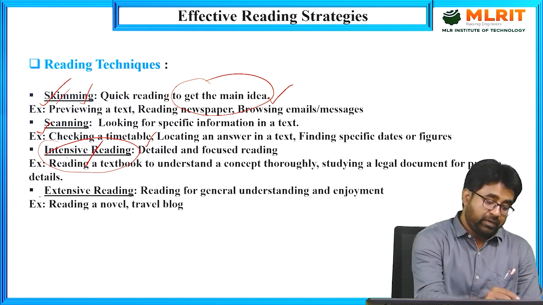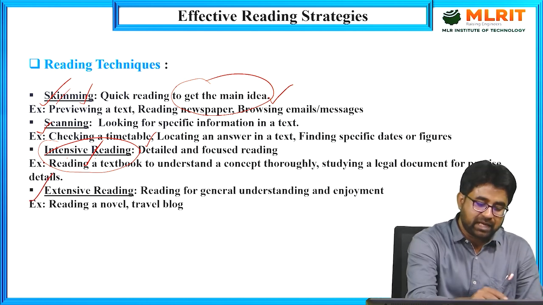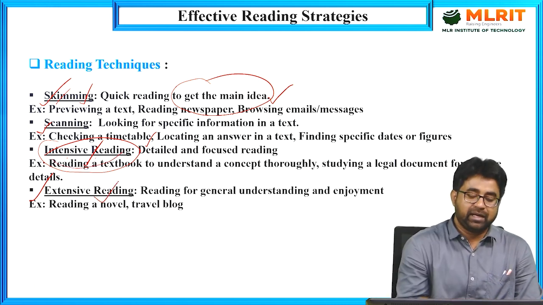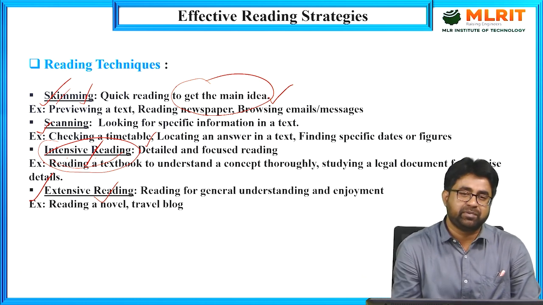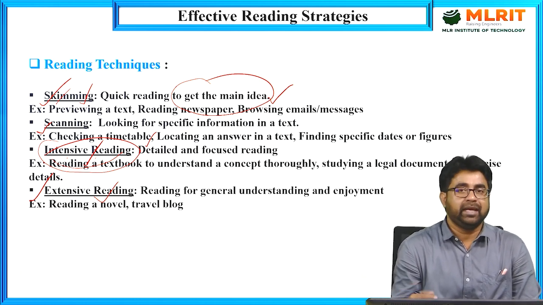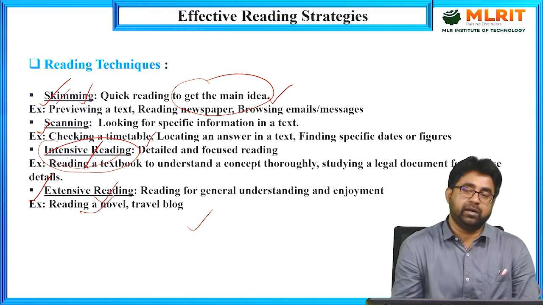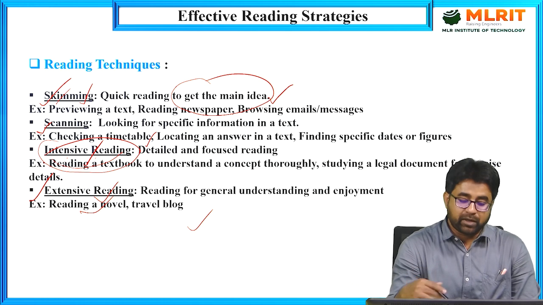What is extensive reading? This is also a kind of detailed reading, but not as serious as intensive reading. In extensive reading, maybe we read each and every word or sentence, but we don't try to process the meaning of each and every sentence. A classic example is when we read a novel. Normally there will be many words we are not familiar with.